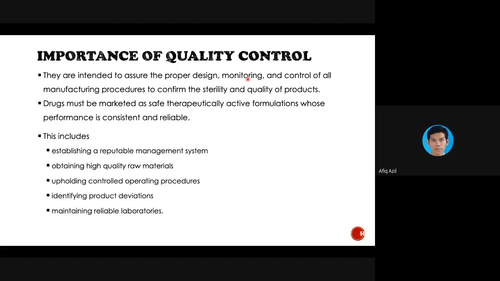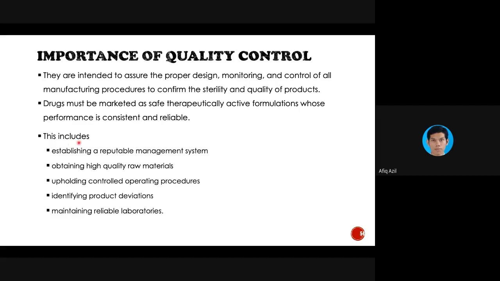It monitors and controls all of the manufacturing procedures to confirm the sterility and quality of products. Drugs are something that people will consume, so everything must be checked. It must be sterile.